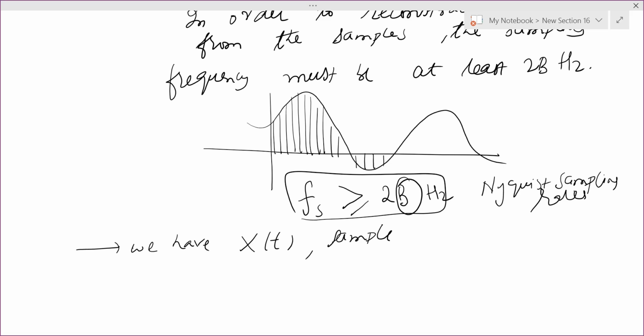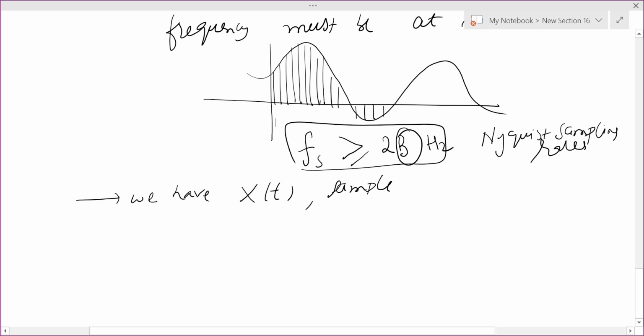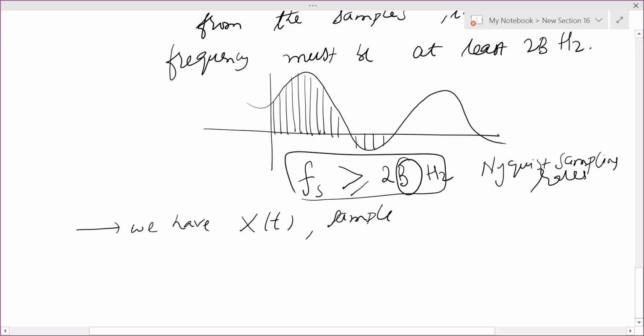We are going to do it in detail in the next chapter. Right now you just remember some facts. We have x of t, we take samples of it, and we denote them by xk, where k is equal to 1 up to some K. We take some K samples, and we are taking 2B samples per second.